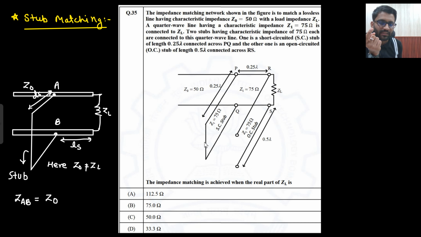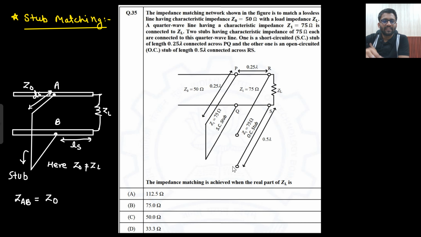Two stubs are used, each of characteristic impedance 75 ohm, connected to the quarter wave line. One is a short circuit stub and the other is an open circuit stub. One is shorted, one is open. The length of one is 0.5 lambda and the other is 0.25 lambda.